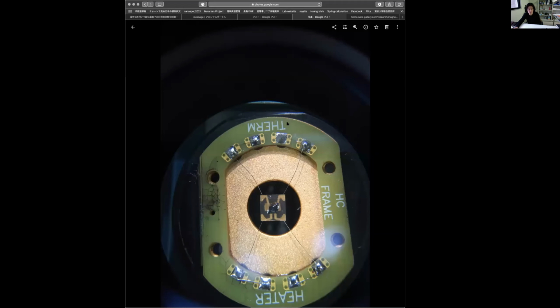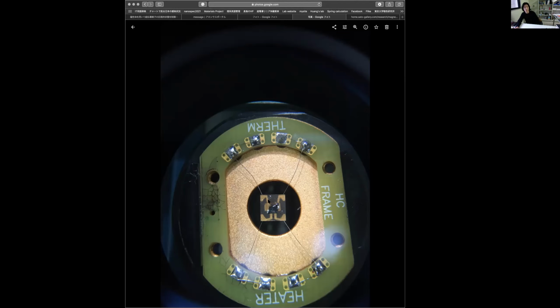This heat capacity cell includes the thermometer. The sample is at the center. The top part is the thermometer leads, and the lower part is the heater leads. The heater and thermometer are behind this small plate in the center.